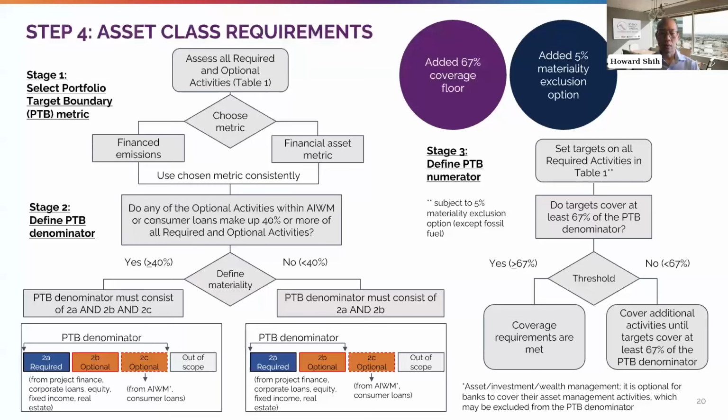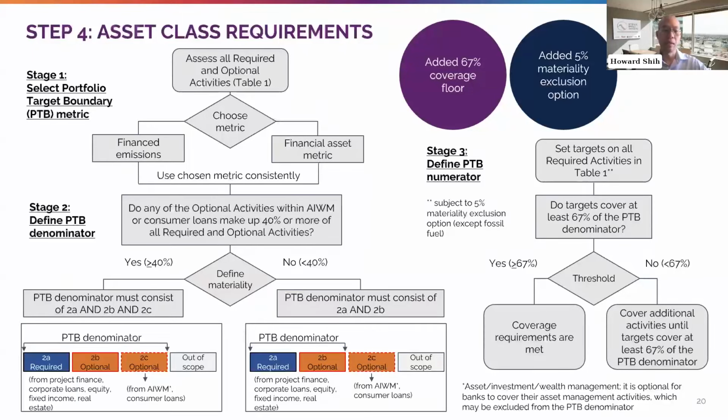We kind of draw these numbers from the corporate net zero standard, where companies that have scope 3 emissions that are more than 40% of their total scope 1, 2, and 3 emissions are required to set targets on at least 67% of their scope 3 emissions. So they may not be exact parallels, but the numbers here draw from those numbers that were set on the corporate net zero standard.